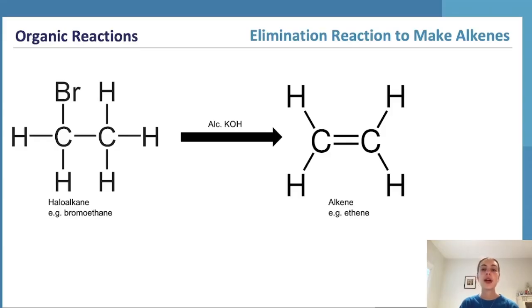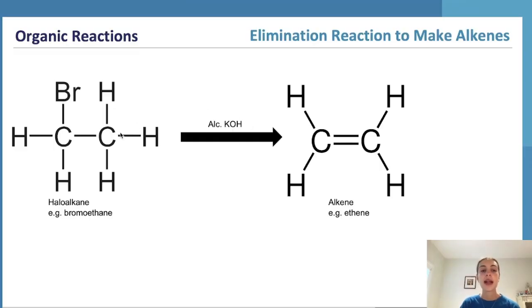We can also undergo an elimination reaction to form alkenes. So this is like reversing our addition reaction. We can start off with a haloalkane, and we can use potassium hydroxide in alcohol.